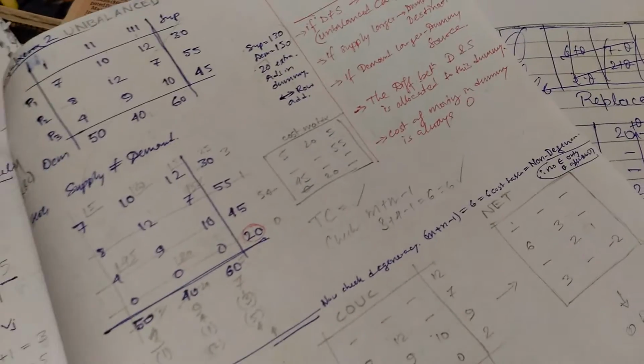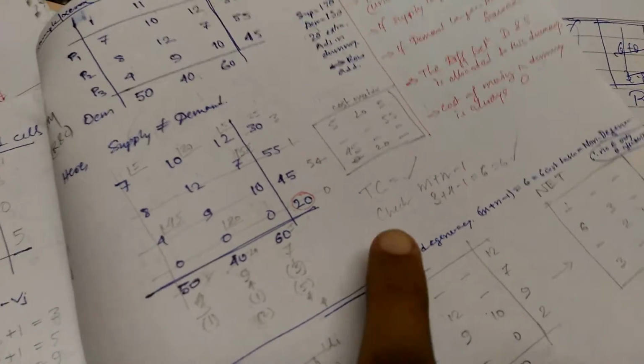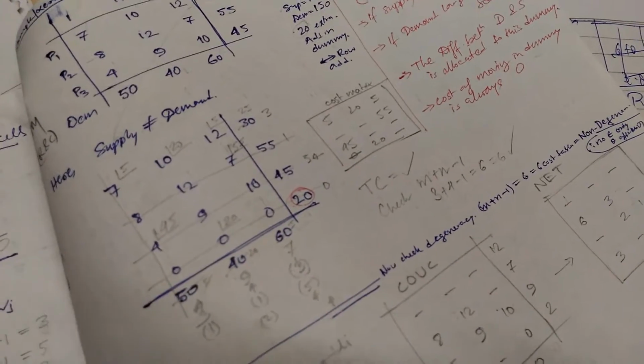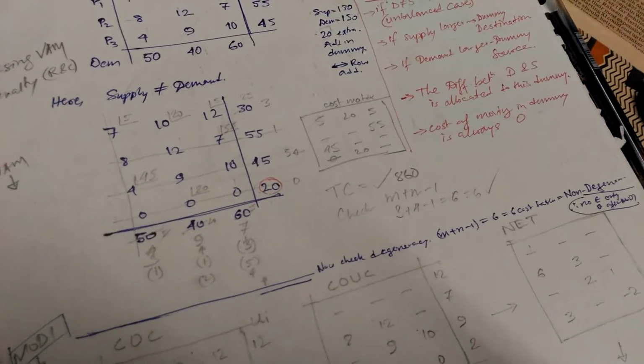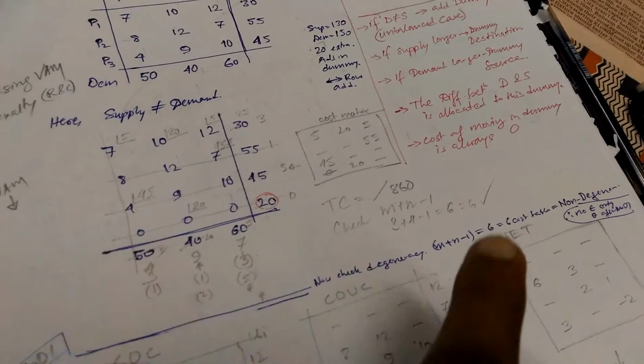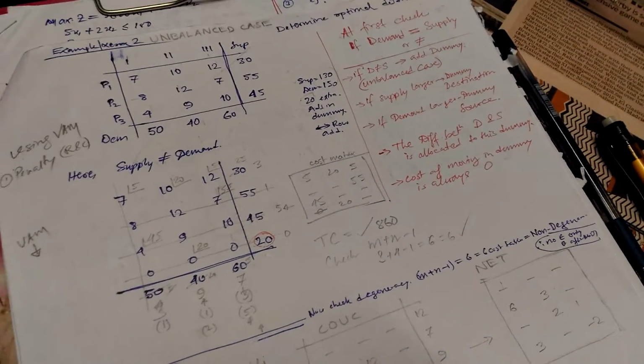Now this total cost is lesser than the total cost we found earlier, which was 860. So it is now reduced to 850.